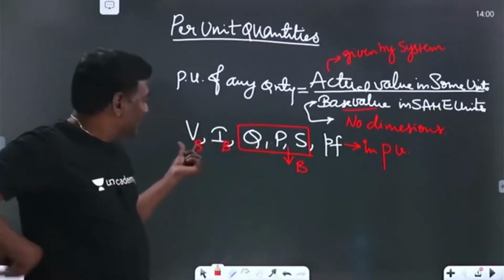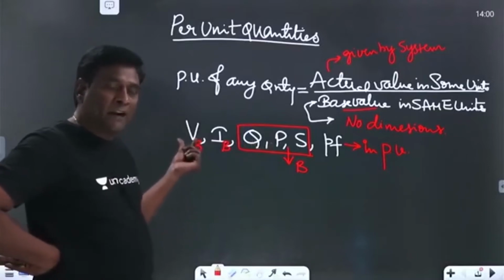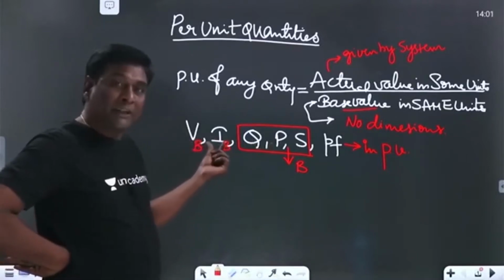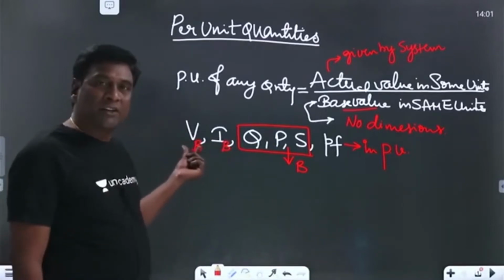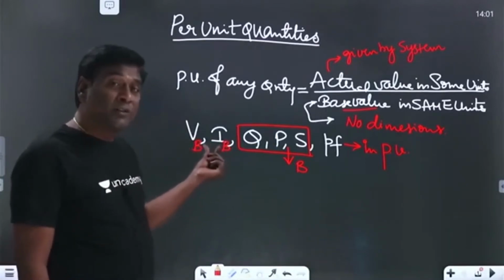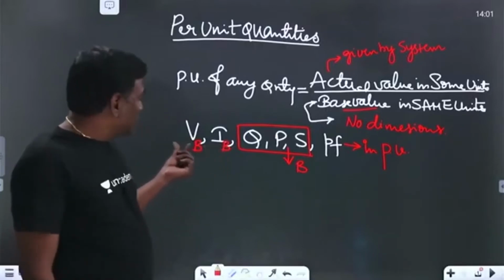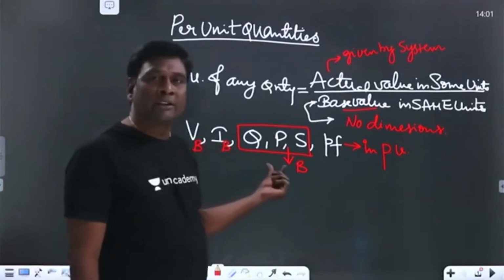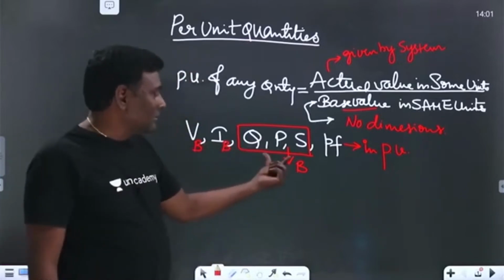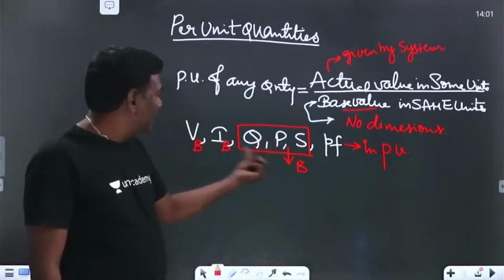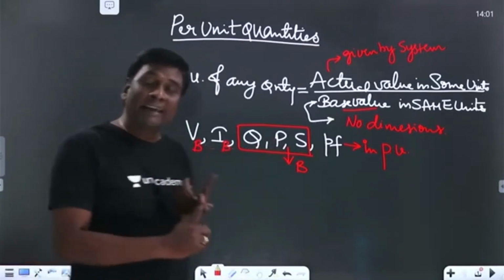Let me repeat again. Base values we can choose. So let me choose a base value of 100 volts and a base value of current as 10 amperes. So 100 volts into 10 amperes, 1000 only should be taken, because V and I have a direct relation with VI, VI cos phi or VI sin phi.